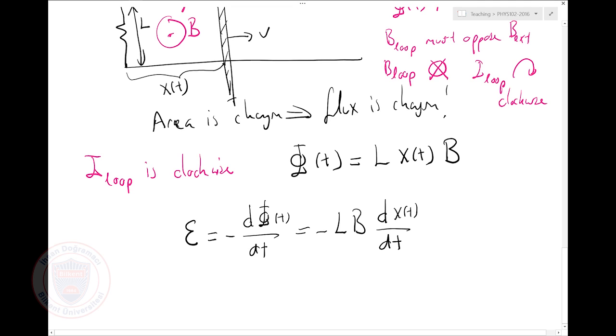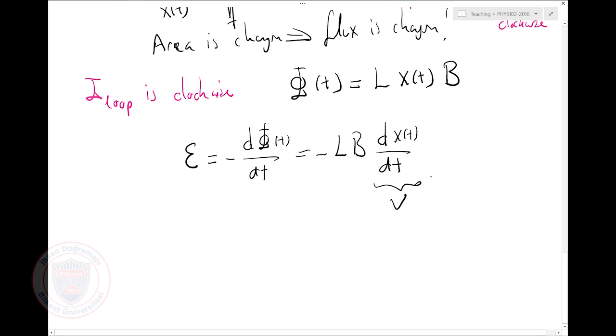What is the derivative of position with respect to time? That's the first thing you learned in Physics 101. This is the velocity. So this is going to be B v times L, the electromotive force induced by this rod of length L moving with velocity v in a magnetic field B.